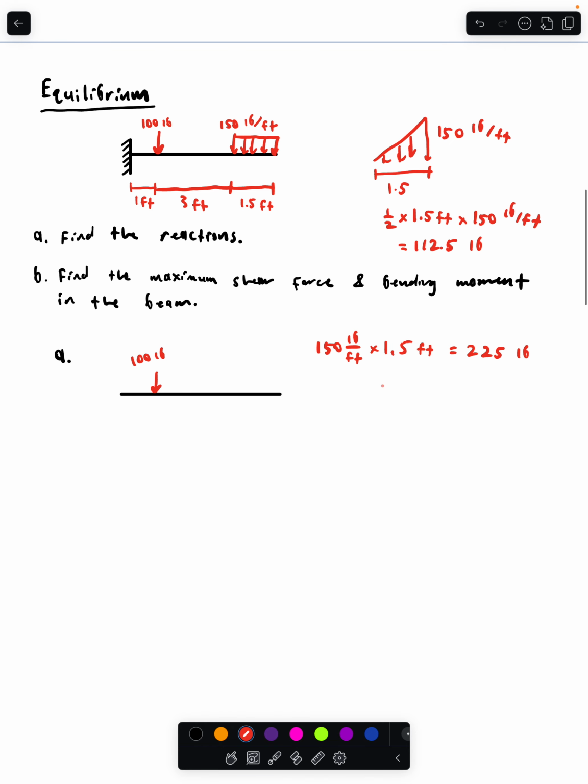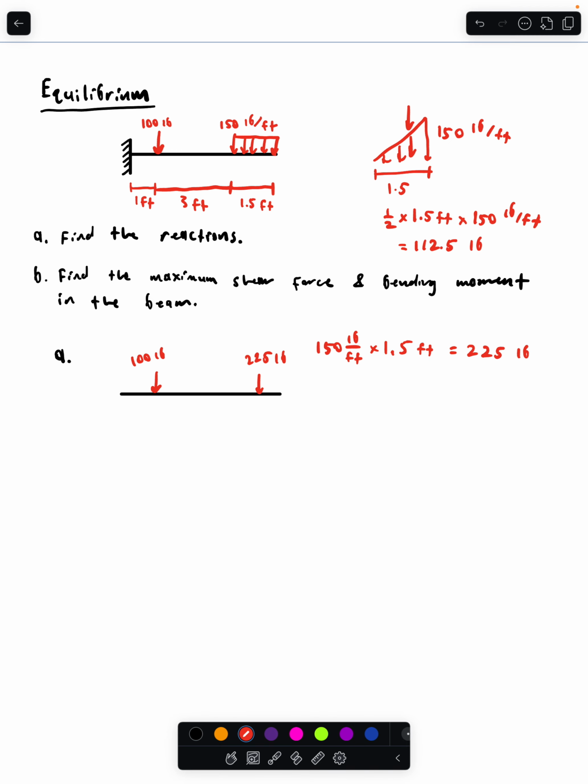And then when you have converted it to a point load, it's going to act at the centroid of the shape. So for a uniform distributed load, that's just going to be in the middle, 225 pounds. If this was a triangular shape, it would be 1/3 of the way from the tall end, or 2/3 away from the short end.